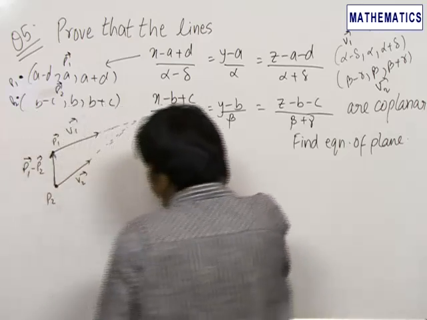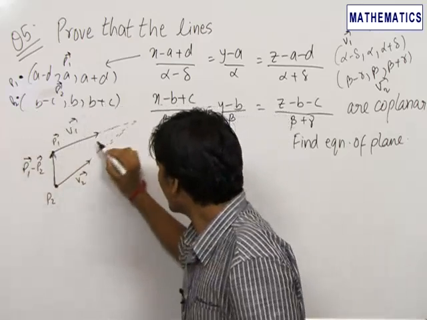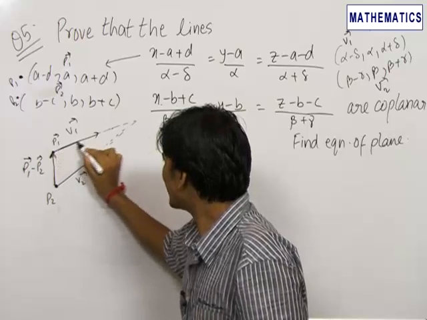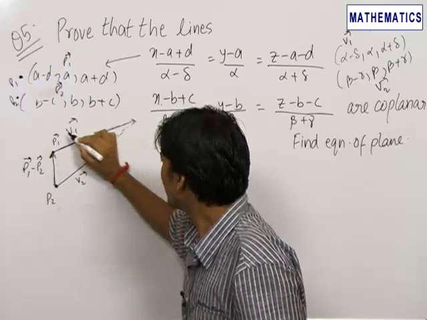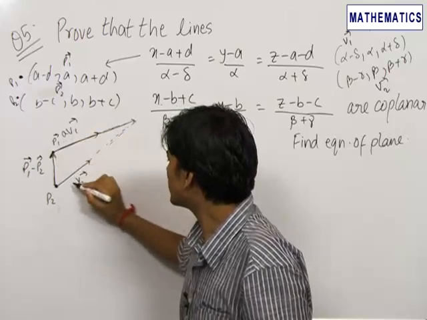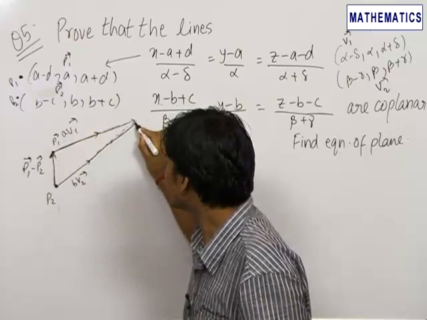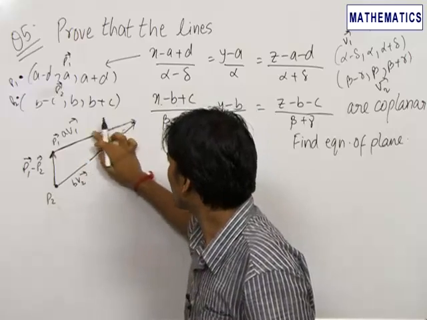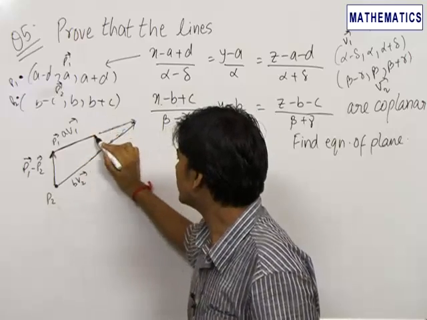Now we can clearly see that since this vector is V1, the vector representing this side of the triangle will be some A into V1 and this will be some B into V2, the vector representing this side of the triangle. Now since these three vectors form a triangle, they are coplanar.